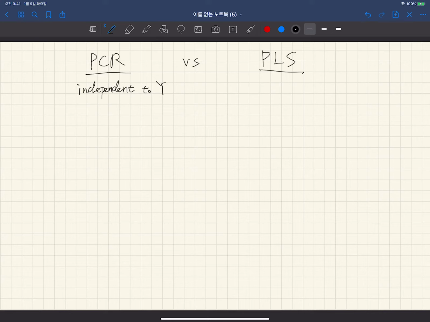So this is dependent. Being independent of y can help solve the overfitting issue. This definitely reduces the number of parameters orthogonal to the output y.